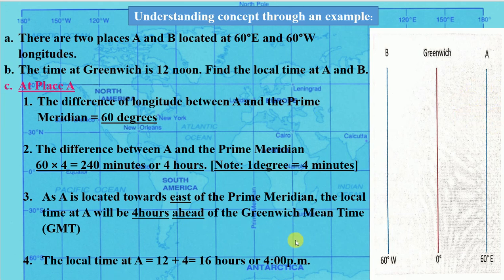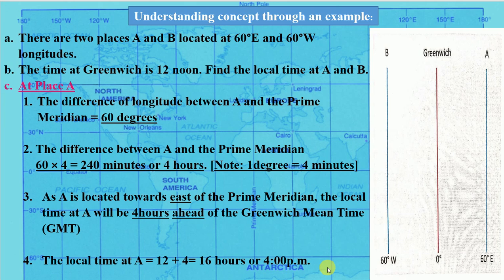First we'll find the difference of longitude between A and the prime meridian. The difference is 60 degrees. We know that 1 degree is equal to 4 minutes. First we find the difference of longitude, then the difference of time.